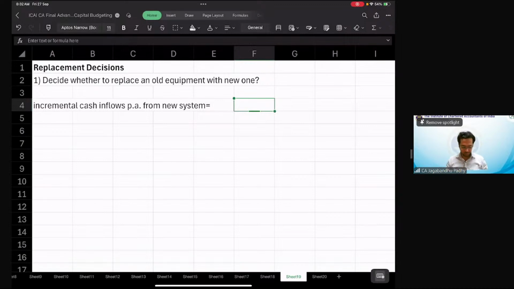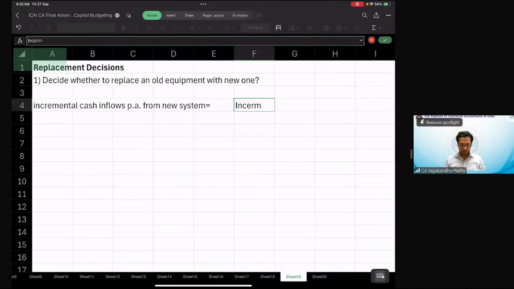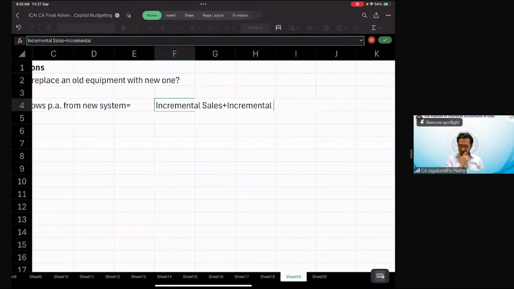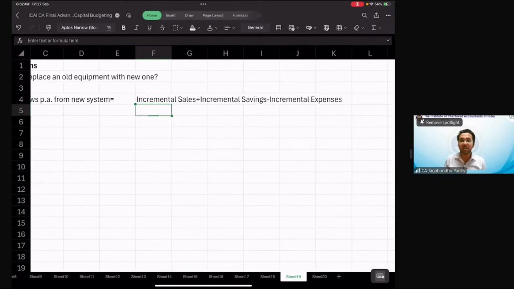First is incremental sales plus incremental savings minus incremental expenses if there are any, and not to forget one more important aspect.